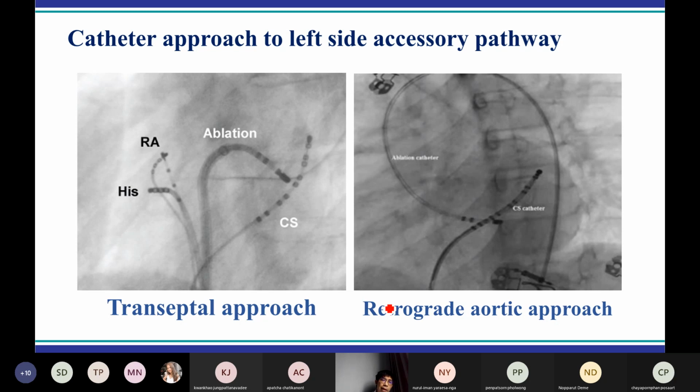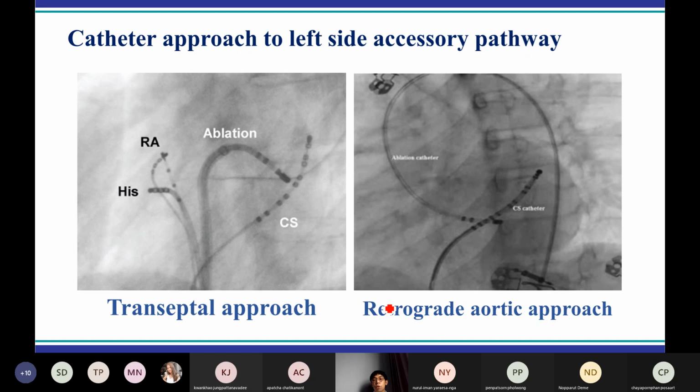Okay, if the accessory pathway is on the left side, surely it is in the left ventricle. There are two methods to reach the left ventricle. The accessory pathway connects the left atrium to the left ventricle, so we have to reach it from the left ventricle.